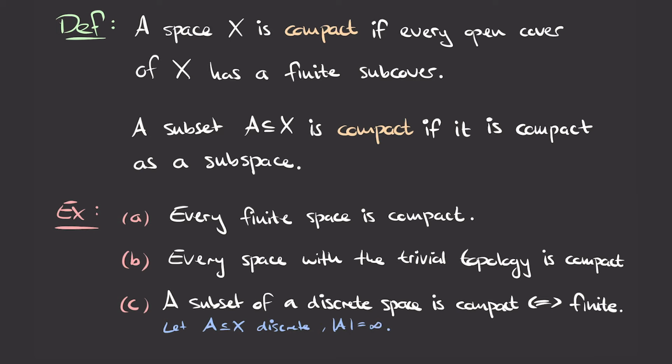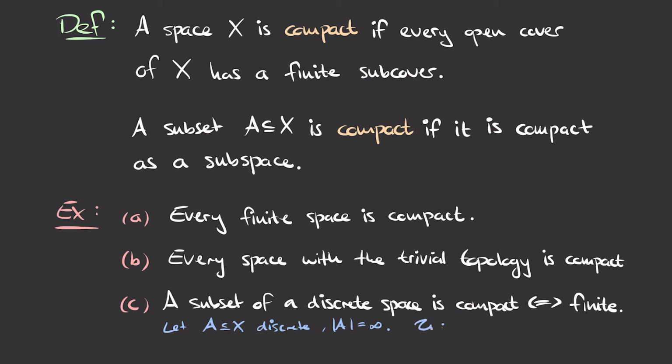And now remember that a discrete space is one in which every subset is open. In particular, singletons are open in the discrete topology. And this fact will allow us to construct an open cover that cannot have a finite subcover.